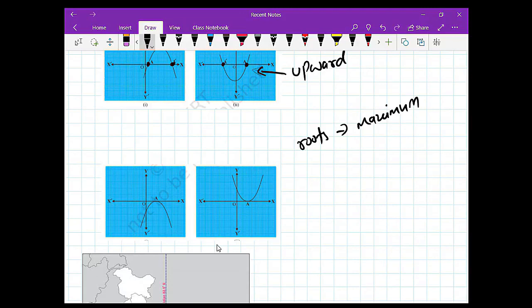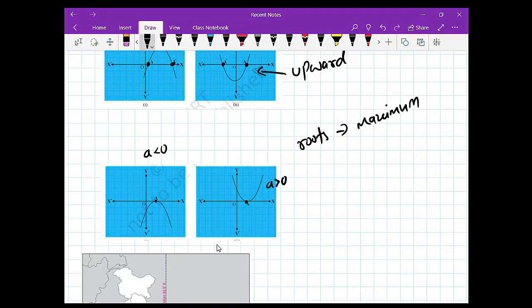See here in these two diagrams, the curve is touching the x-axis at exactly one point. Here it is at a, here it is at a. This is a downward curve, this is an upward curve. Means here a is less than 0, here a is greater than 0.